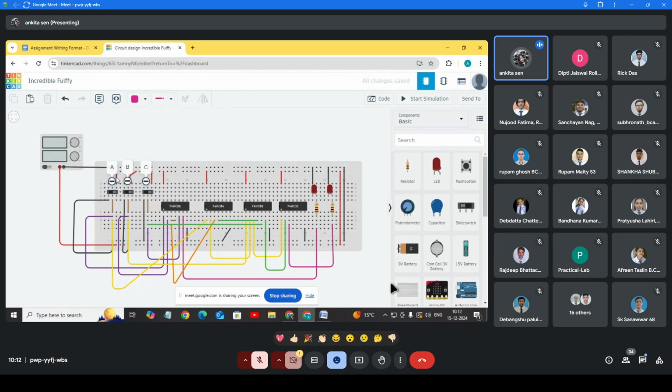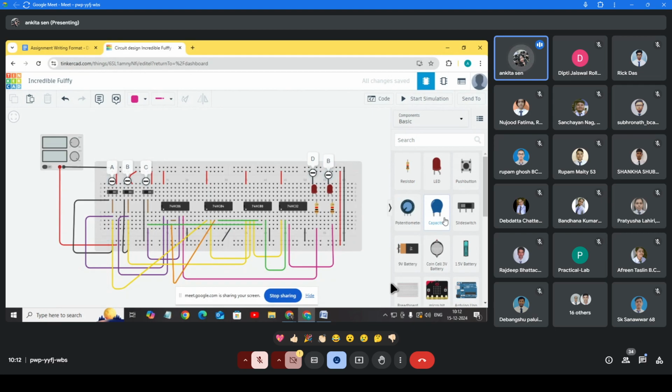So when these two switches are in the on state, then we can see in the theoretical truth table only the difference. So this is the difference output. This is the borrow output. When all these three are in the on state, then this is happening. When all these three are in the off state, then these things are happening. According to the truth table, we got the same result. So we can say our experiment is successful.